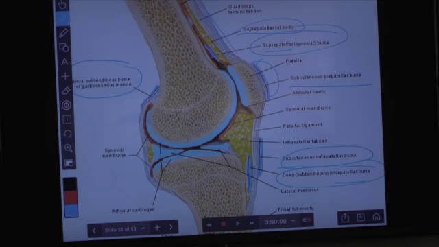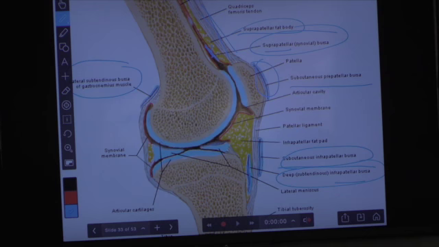So we have the suprapatellar bursa, infrapatellar bursa. For my patella to move easily, it has to move. So when I move, the ligaments are not crunching on the bones. There is a cushioning between them. So on top of the patella is subcutaneous prepatellar bursa.